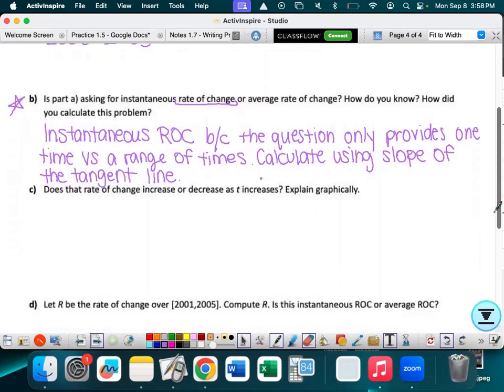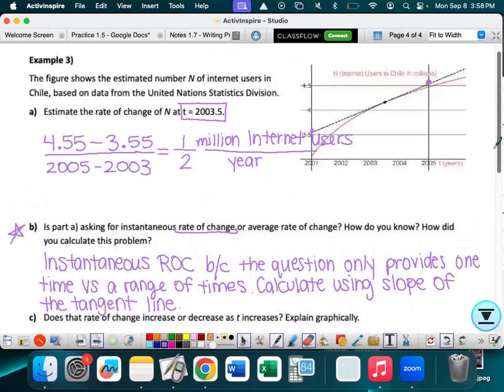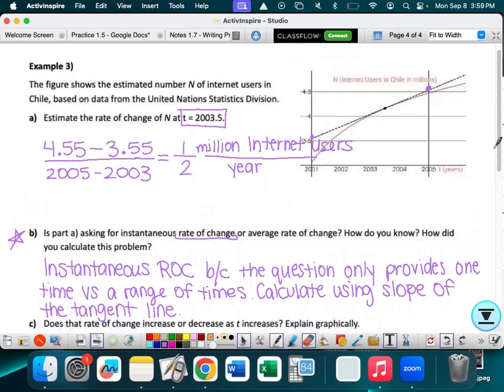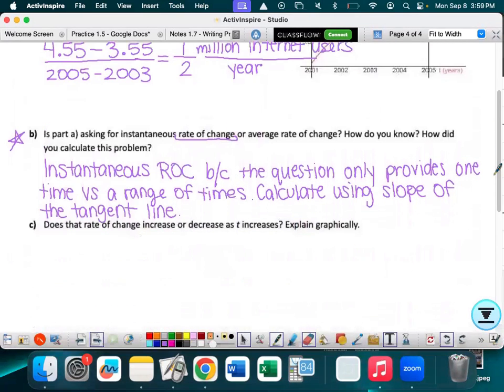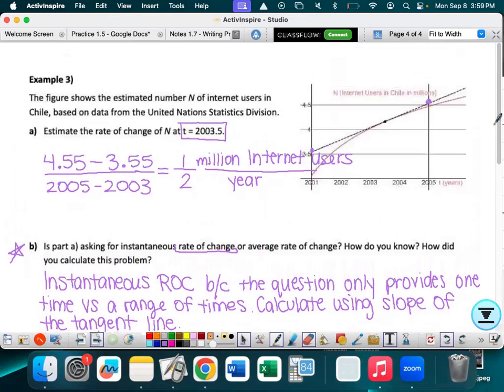Part C, does that rate of change increase or decrease as time increases? So if you want to know if a rate is increasing or decreasing, you need to think about rate of change being slope. So is the slope increasing or decreasing over time? We already have one tangent line. I can think about drawing a tangent line here, and here.